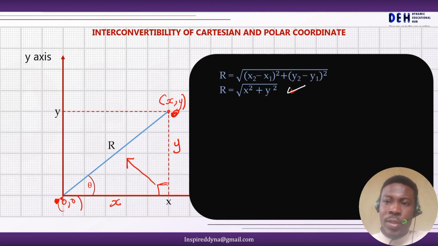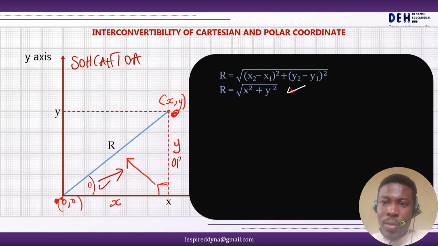Let's look at the other one. So we want to find theta here with respect to y and x. So we are going to use trigonometry ratio. Recall your trigonometry ratio for SOH CAH TOA. If you look at this theta carefully, you observe that this theta is facing this side.